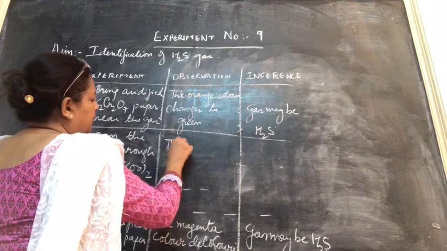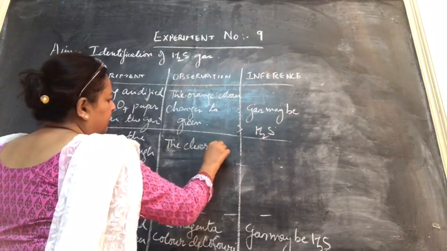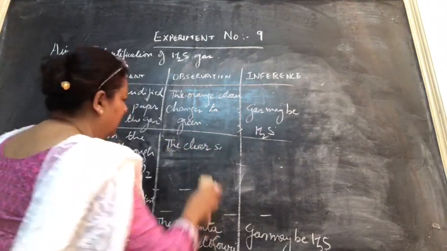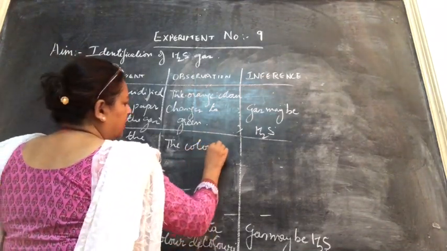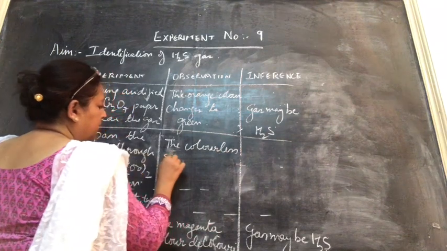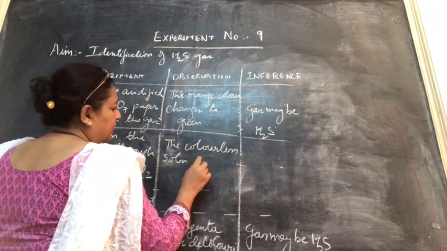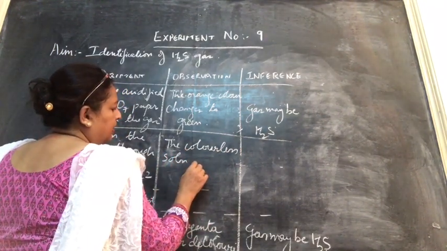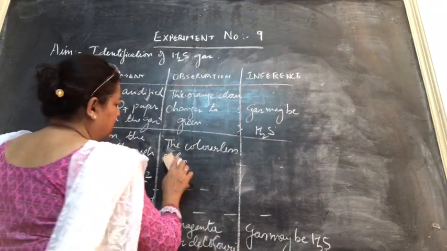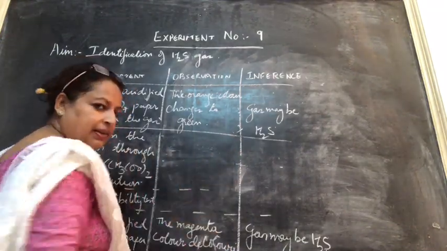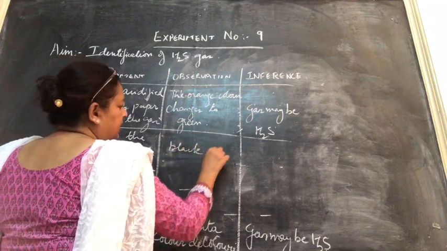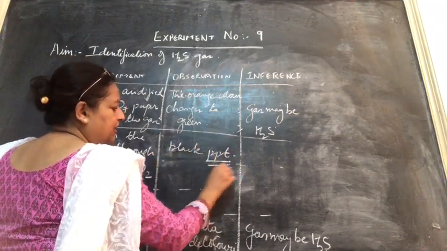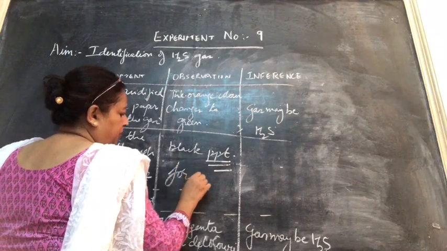The solution was colorless. Actually a black precipitate is formed, so we directly write that one. Black precipitate, it is an insoluble precipitate formed.